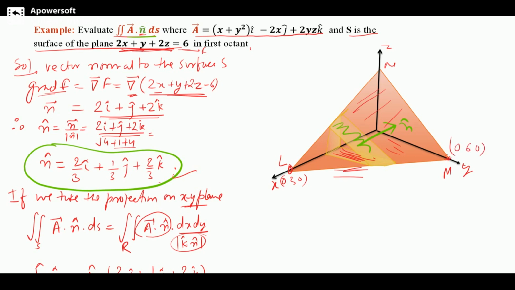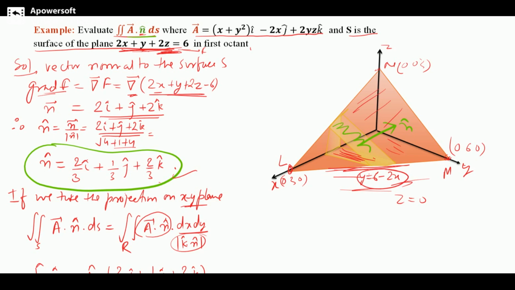If we put x and y equal to 0, we get 0 0 3. Now on the xy plane z is equal to 0, so the equation of that line is y equal to 6 minus 2x.